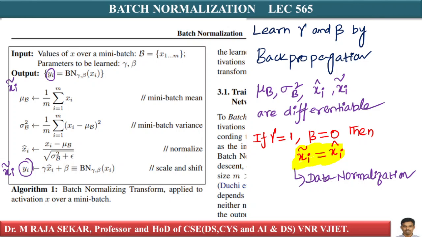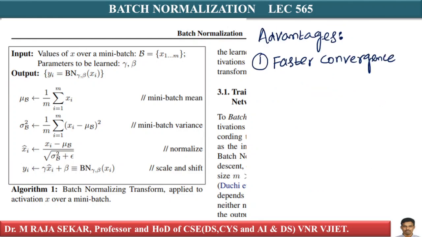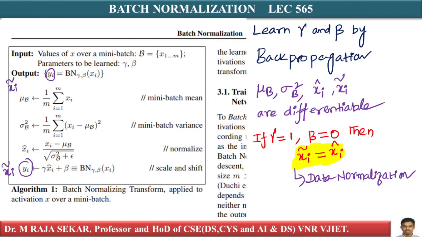The only difference between batch normalization and normalization is that batch normalization has two parameters, gamma and beta, which are learned, because the whole batch normalization is differentiable: computing a mean is differentiable, variance is differentiable, xi cap is differentiable.